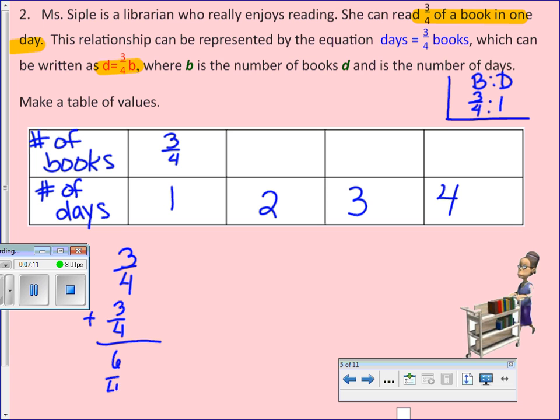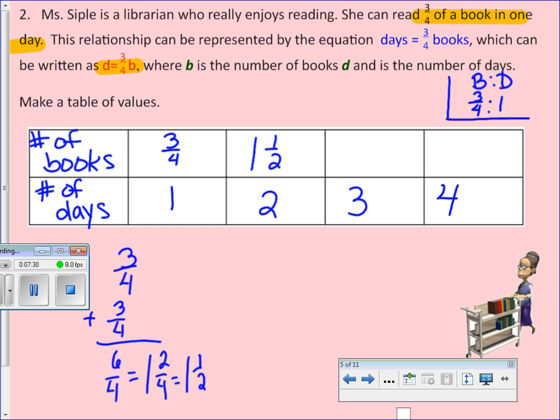Yes. So what's 3/4 plus 3/4? 6/4. Can I leave that as an improper fraction? No. So what is that as a mixed number? 1 2/4, which reduces to 1 1/2. Okay, I have to add another 3/4.